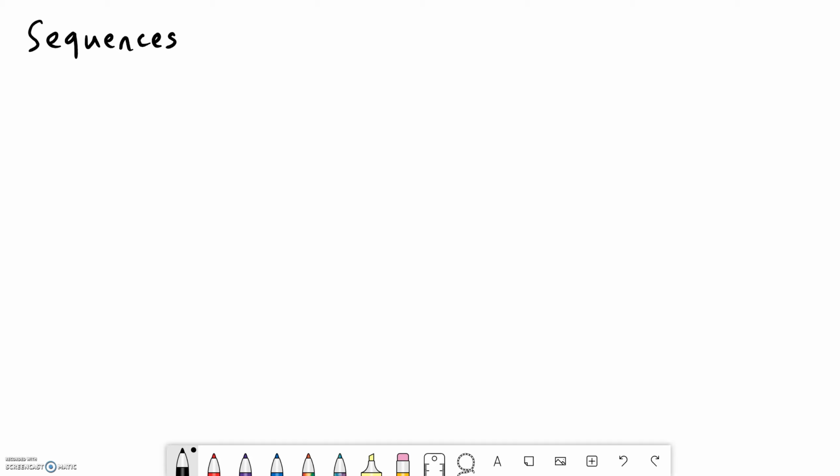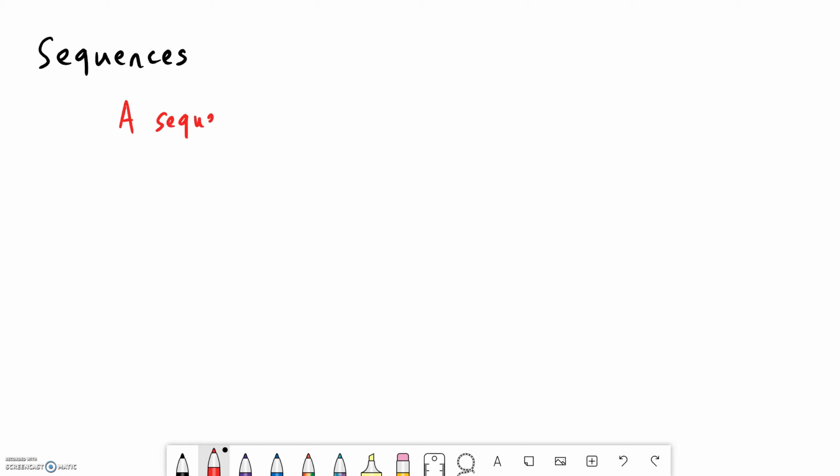So a sequence, let me write this down as a definition. This is a definition. A sequence, and we also write it as this. So this is how we write a sequence with the curly braces. That's kind of weird. We don't really use that too much.